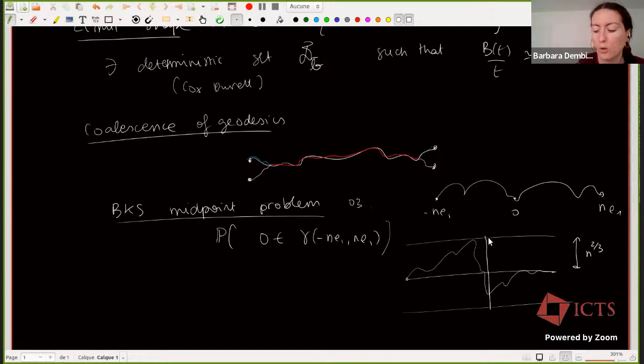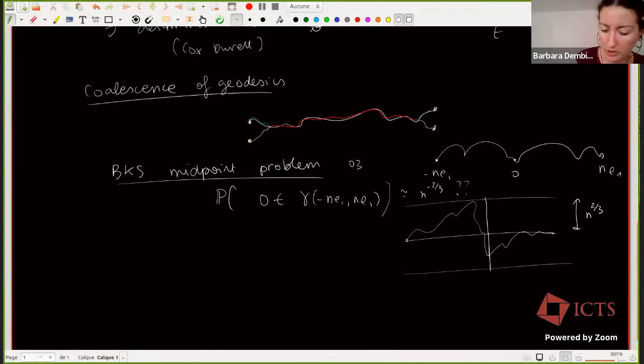If you believe that all the points in the middle are almost equally likely, you will guess that this probability in dimension 2 should behave like n to the minus 2/3. This is of course very conjectural, but it's proved in the case of solvable models, for instance last passage percolation. In some cases that are solvable, these kinds of things are proved. So we expect this probability to be really small, polynomially small.